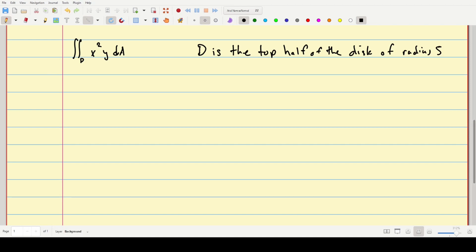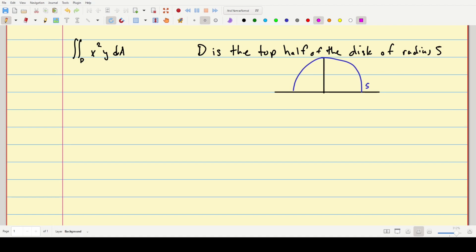What we want to do here is make a sketch of the domain. It says it's the top half of the disk, and our radius is 5. And what we want to do is set up our integral.